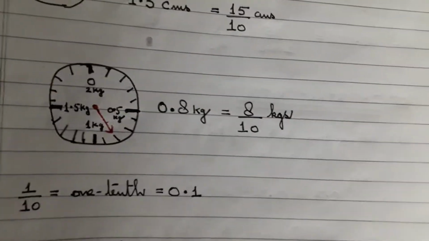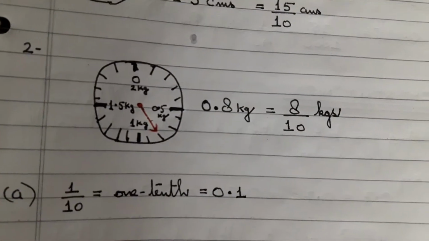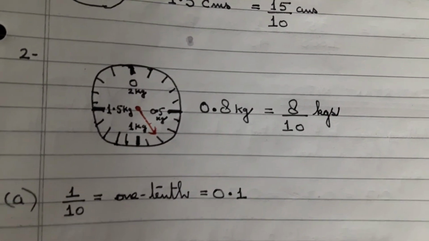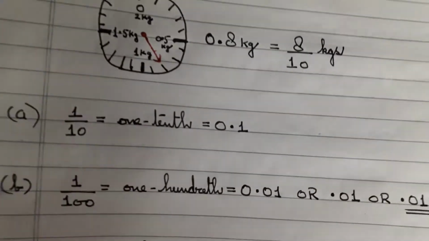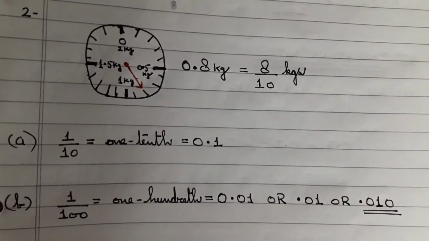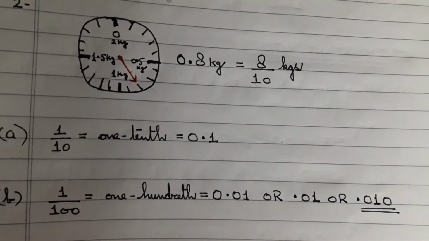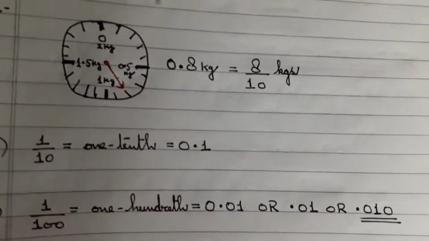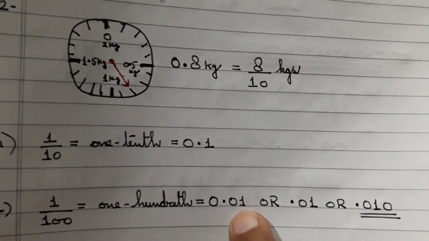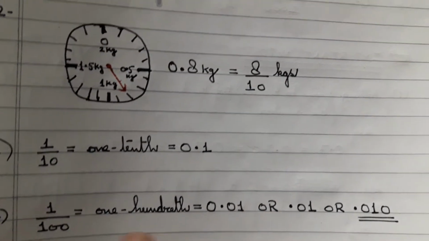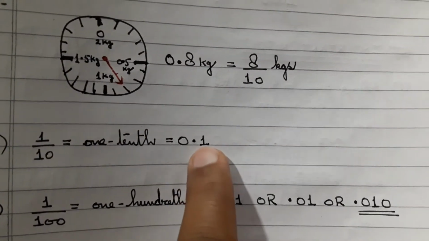So now some things to remember for you. 1/10 means 0.1, right? 1 over 10 is 0.1. 1/100th or 0.01, okay, 0.01. This is something which is very important, 0.01, right? Because see here, it was 0.1.